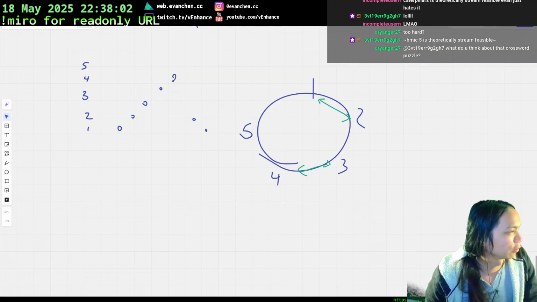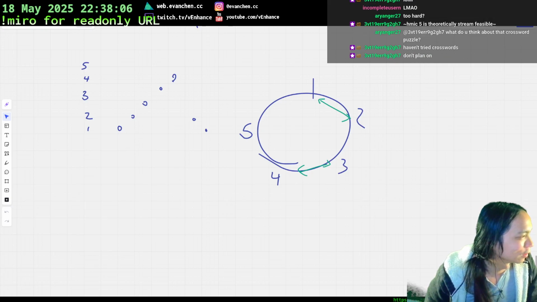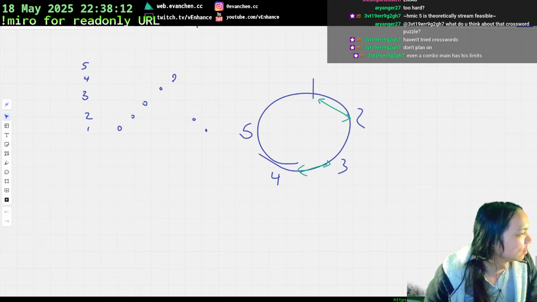What do you think about that crossword puzzle? I mean, the statement looks super cool. It's a tough problem, and also... Well, it was quite nice.